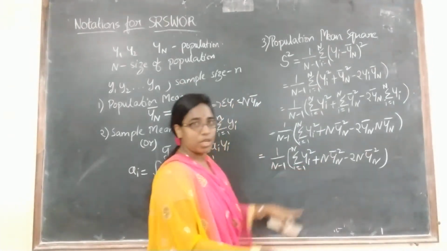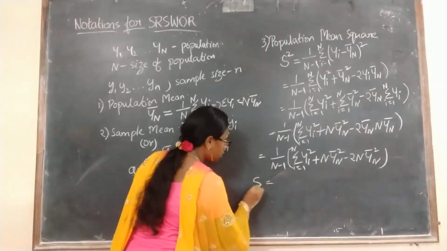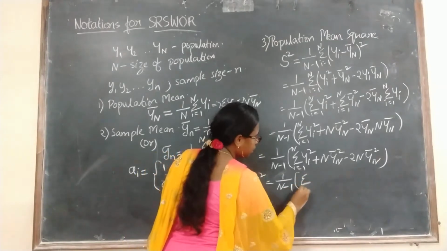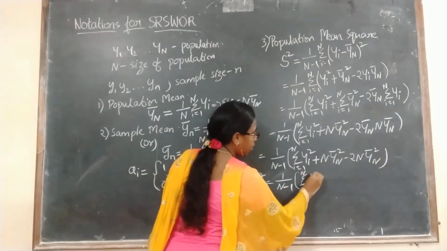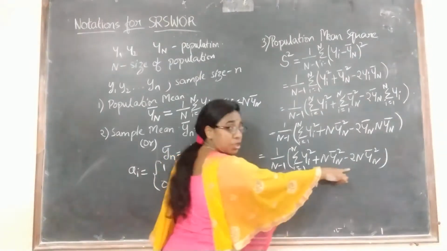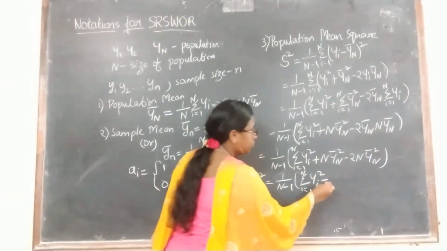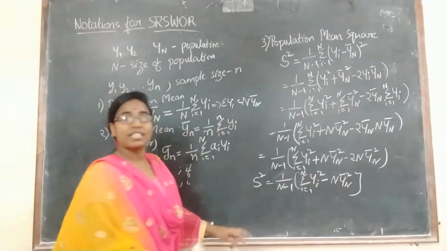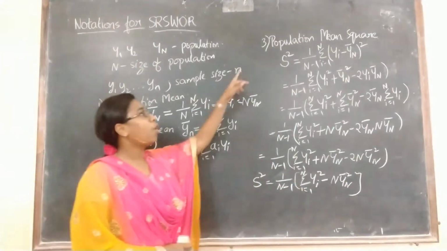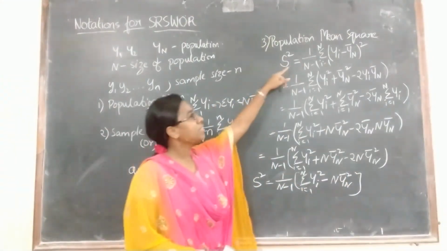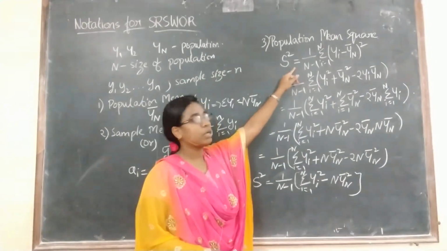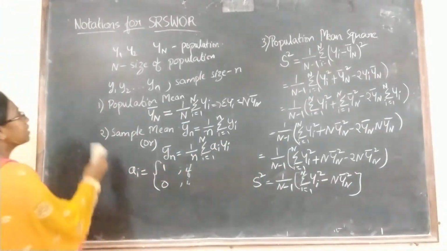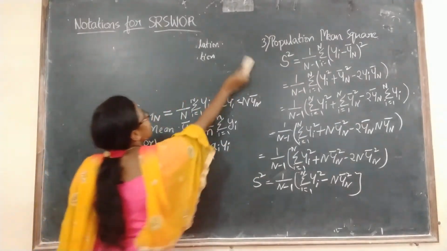So minus 2 plus 1, you will get minus, which gives S square equals 1 by N minus 1 summation i equals 1 to N yi square, minus N into y N bar square. So this is a simplified formula for the population mean square. What we do is, you apply a minus b whole square formula, and by simplification you get the mean square formula. Similarly, we can write it for the sample also.